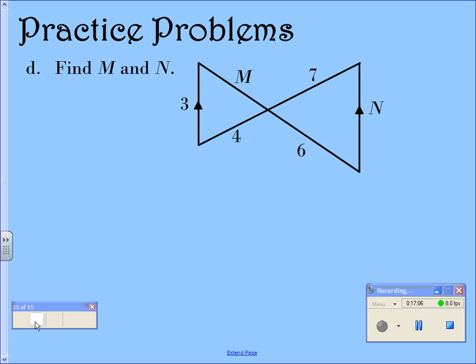Which angle is congruent to this angle? Which angle is congruent to this angle? Down here.